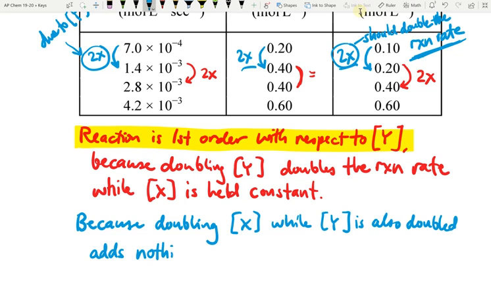It adds nothing more to the reaction rate in terms of an increase.